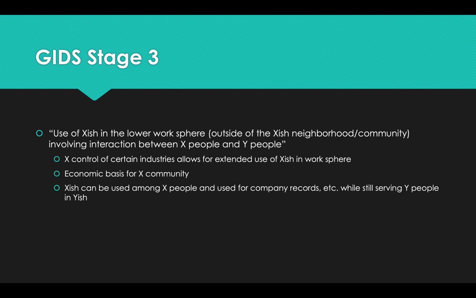Let's just use an example. If you were working in construction, there might be languages that the workers in construction use that is outside of English, and you're still having interactions with English speakers, and you're still able to use that.